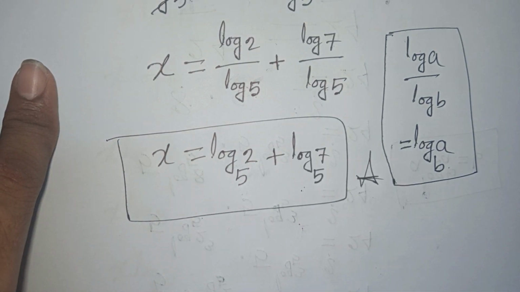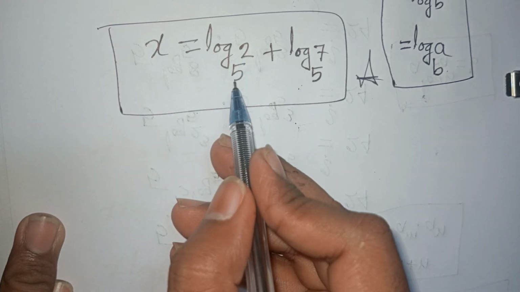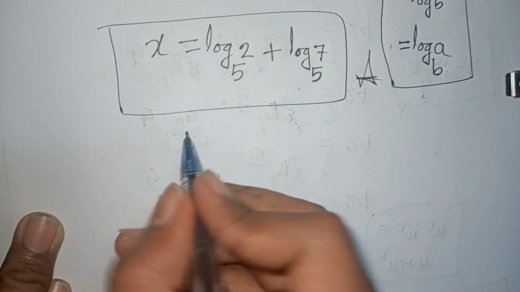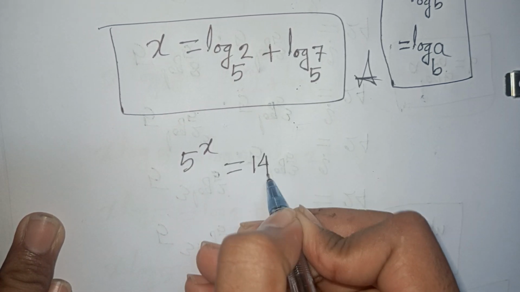Now to check for x is equal to log 2 base 5 plus log 7 base 5. So our equation 5^x is equal to 14.